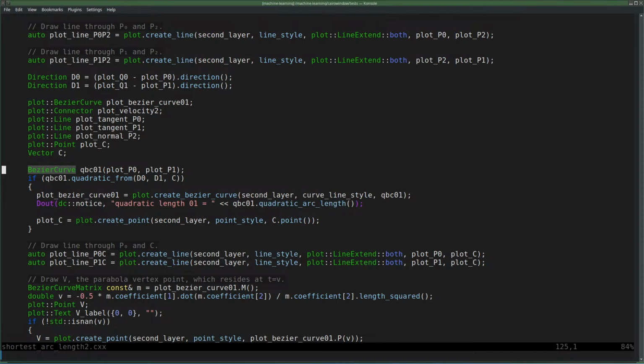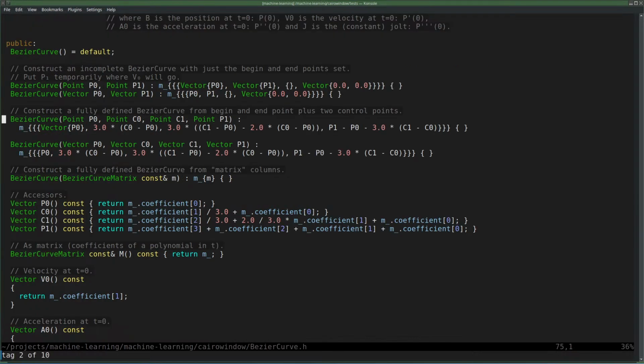Yeah, that's it. The problem is I used to do this like before yesterday or now before today. I stored P1 minus P0 into the third vector. So I used to store it here as P1 minus P0. And now I changed it to setting this to 0 and storing it as a velocity.